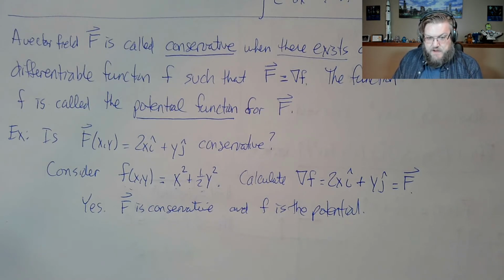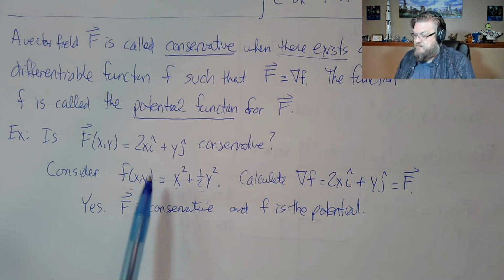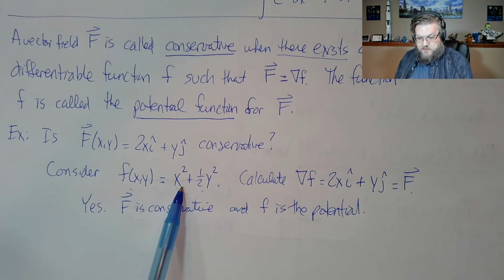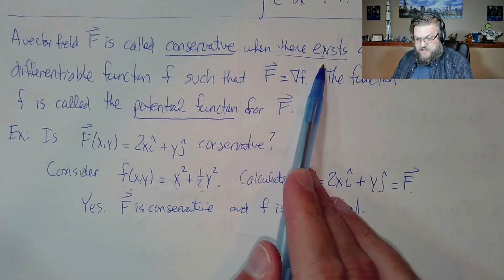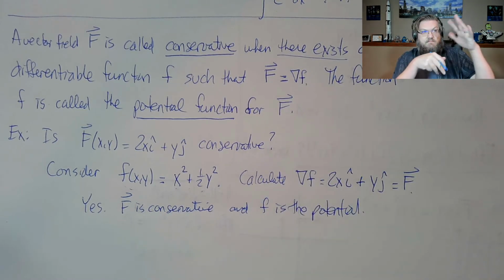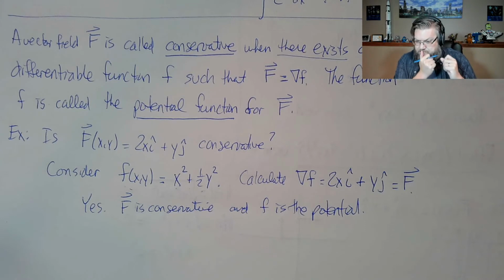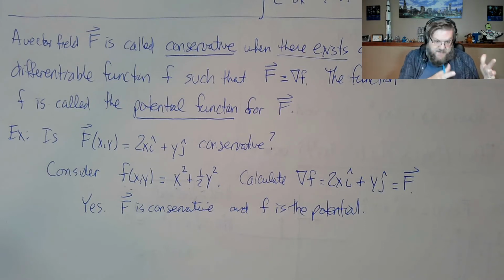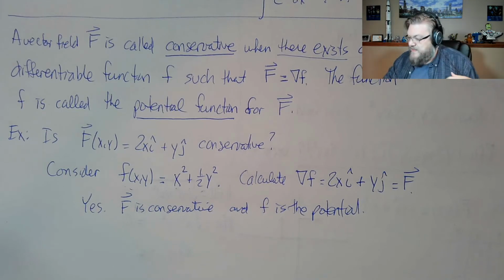Okay. So this might be difficult to actually find, right? Because it is an existence theorem, and so you have to go out and seek it out. You have to go find little f. Now that may be easy and it may be difficult, right? There's a handy little test for conservative, and this is much easier than finding little f.